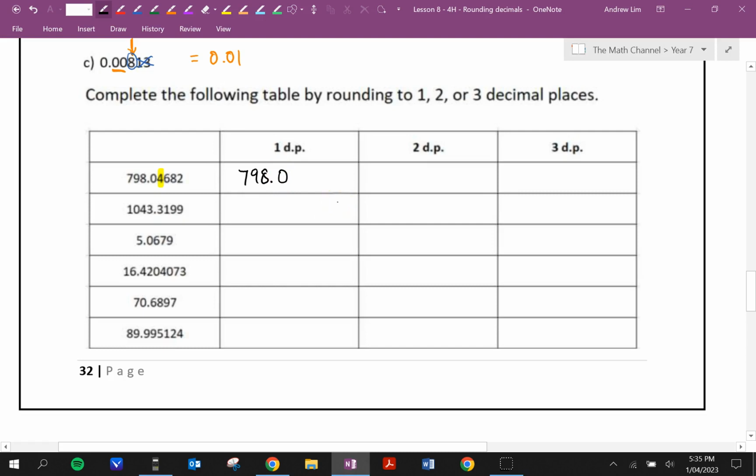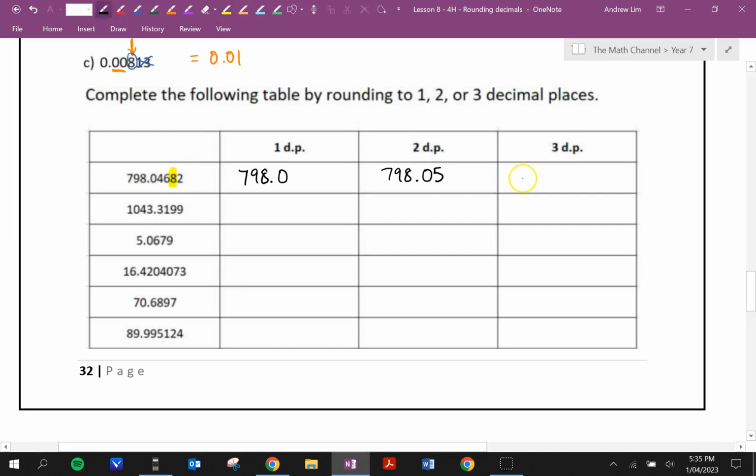All right. For 2 decimal places, we're looking at the 3rd number. So it's going to be 798 point, is it 04 or is it 05? Well, that 6 tells us that it's 05. Three decimal places, we're going to look at the 4th number.